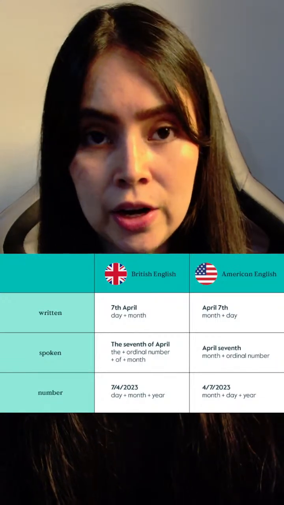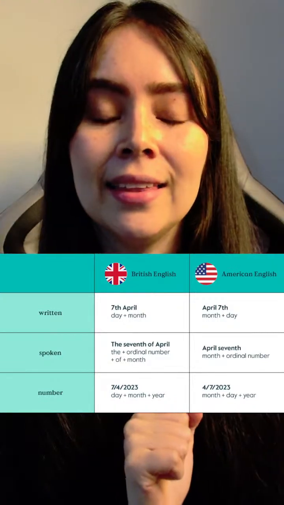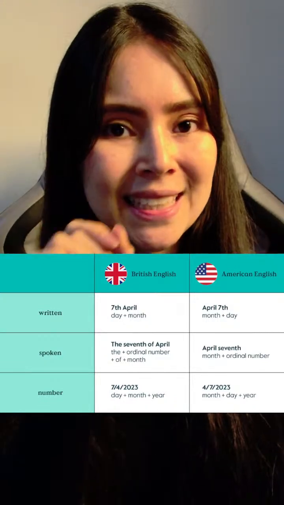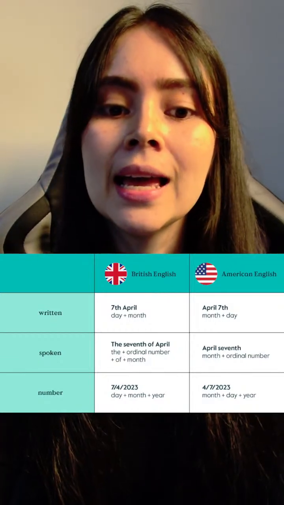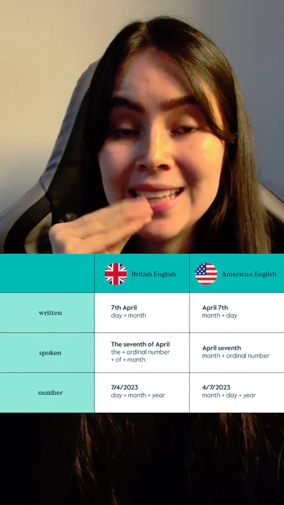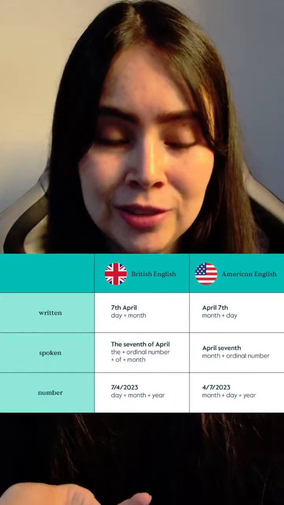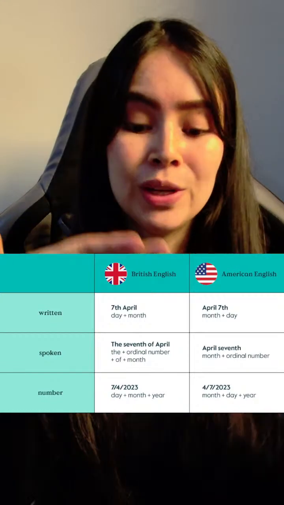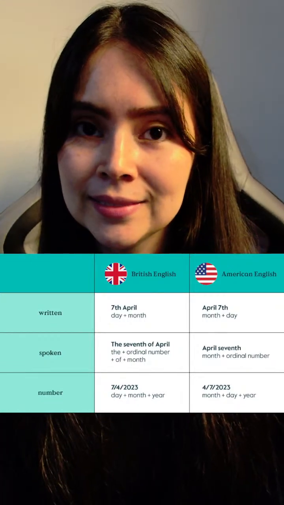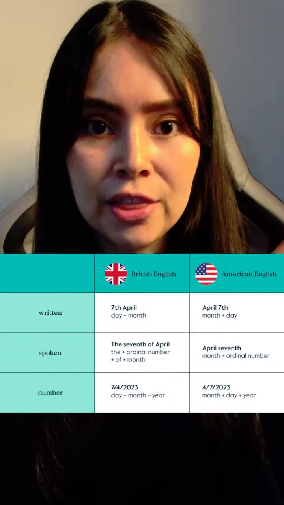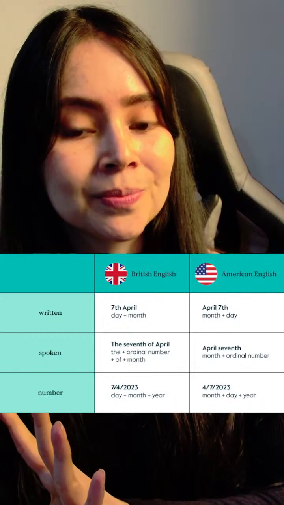American English is first the month, April, and later the day, 7th, 22nd, 21st, etc. The way we say that when we are speaking, when we are in a conversation, the way we say or we read it is this. We include the article the plus the ordinal number.